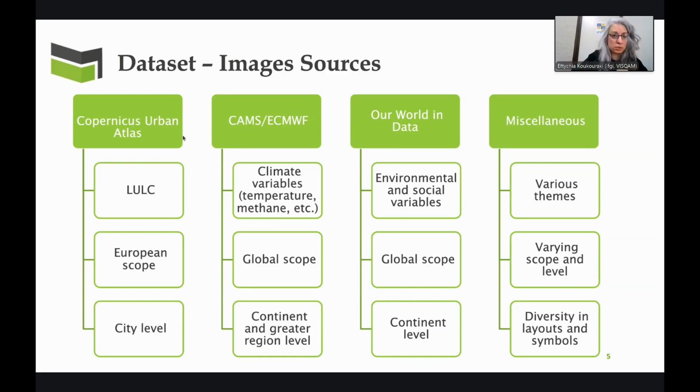One is the Copernicus Urban Atlas, that is land use, land cover maps at European geographic scope and at the metropolitan region level. The others are the Copernicus Atmosphere Monitoring Service and the European Centre for Medium-Range Weather Forecasts, that visualize climate variables such as temperature, methane, and precipitation type, as we saw before.